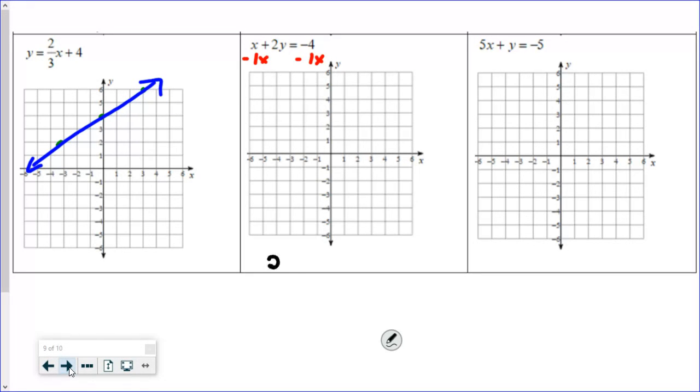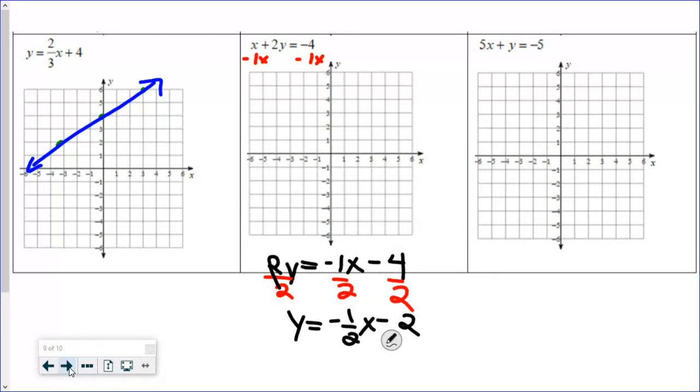And it shows you 2y equals negative 1x minus 4, or plus a negative. That works. And I'm going to divide everything by 2 and get negative 1/2 x minus 2. So I'm going to start at down 2, and I'm going to rise -1, run 2, -1, run 2, or I could go the other way, but it has to be a negative blue line slope according to Mr. Slope Guy.